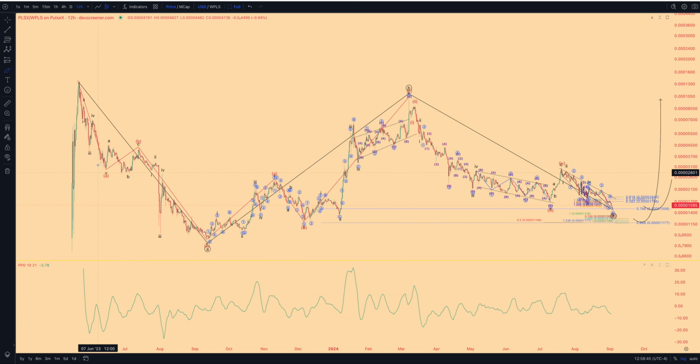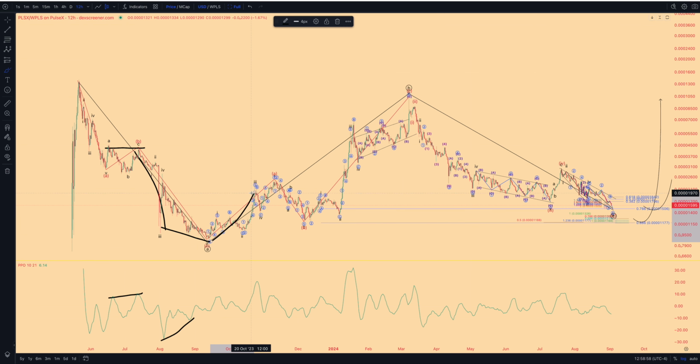So going here, you have an equal high on the price, higher high on the oscillator, and then we dump, right? A higher low on the oscillator, lower low on the price, and then we pump, and then higher high on the price, lower high on the oscillator, and then we dump, right?